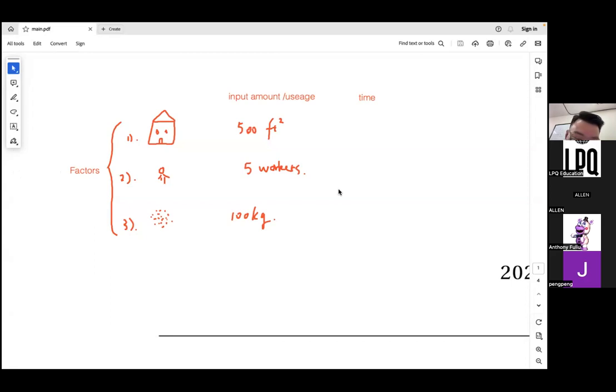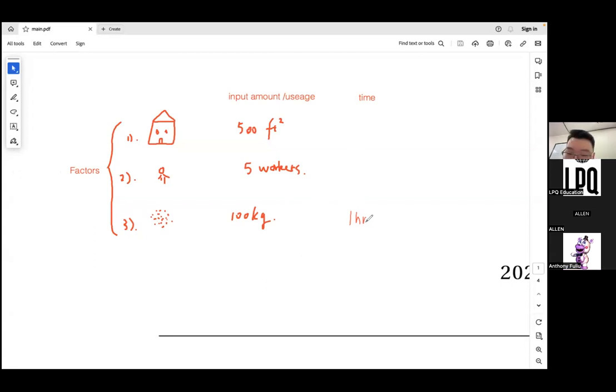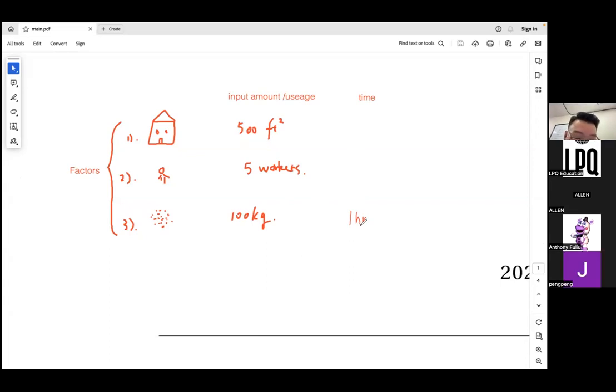So I just drive my car, head to Costco, and buy coffee beans. Give me just 1 hour and I can buy my coffee beans. So how long do I need to increase the input of coffee beans? Just 1 hour. In a shorter period of time, it is easier to increase the input amount of coffee beans.